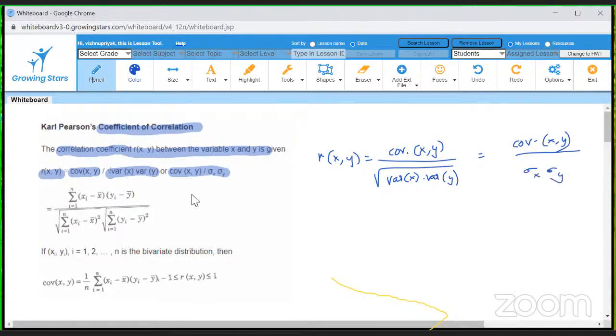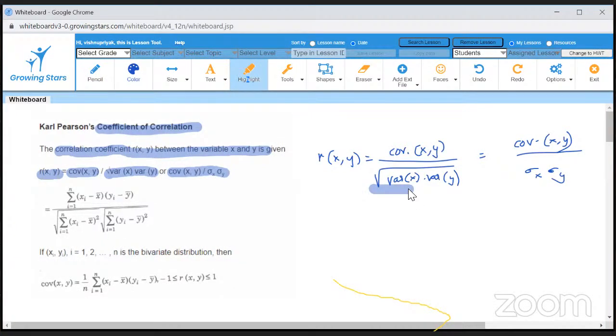Anything will do, because the square root of variance will give you standard deviation.